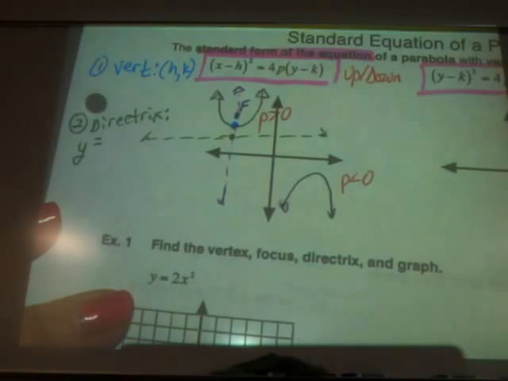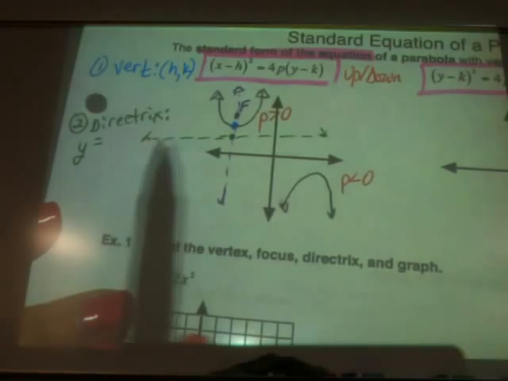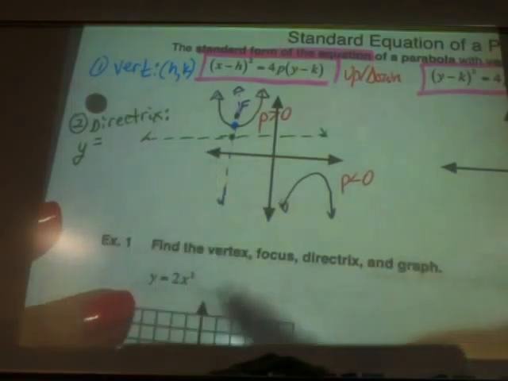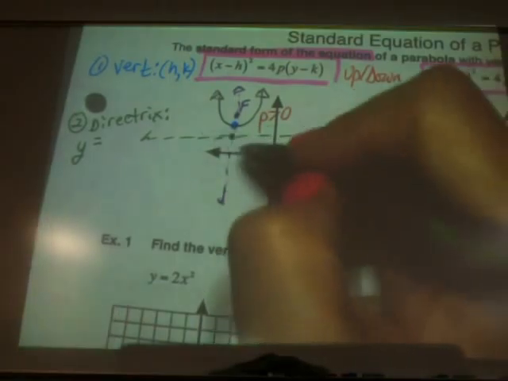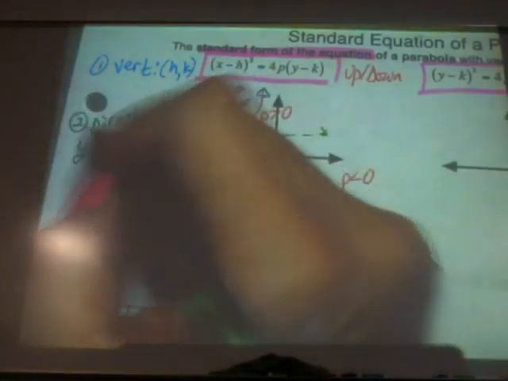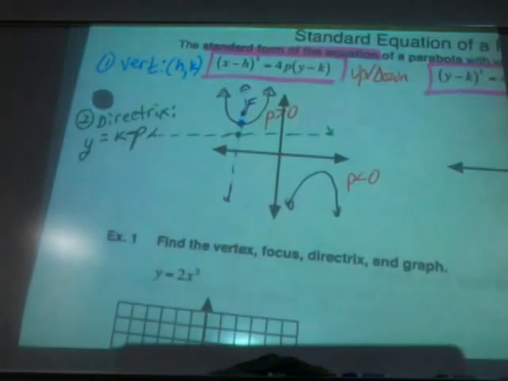But aren't I traveling in the direction of the x-axis? Yes or no? Okay, so since I'm traveling in the direction of the x-axis, well, okay, I'm not going to put that way. Go ahead and write this down, and then as we go through some problems, I'll show you an easier way to find this. So your equation for your directrix is k minus p.